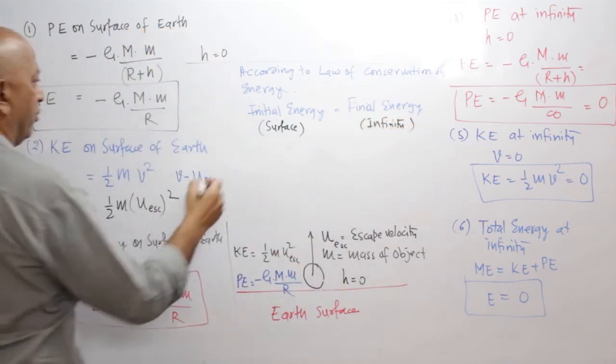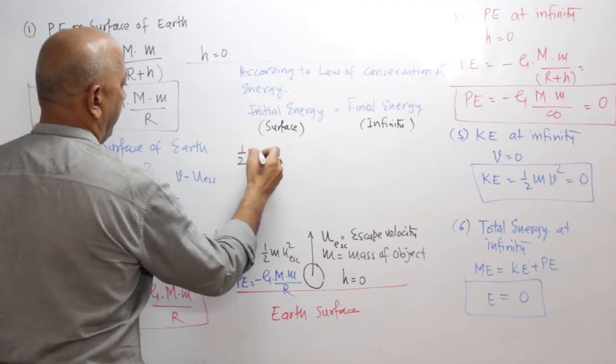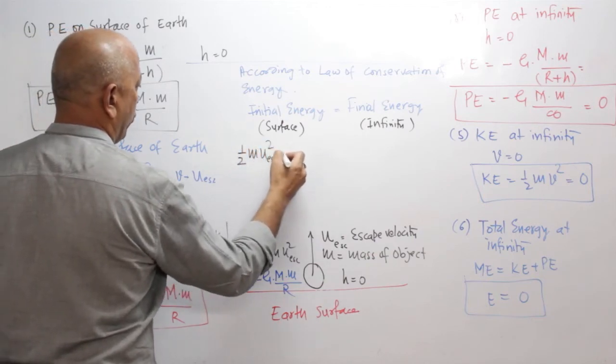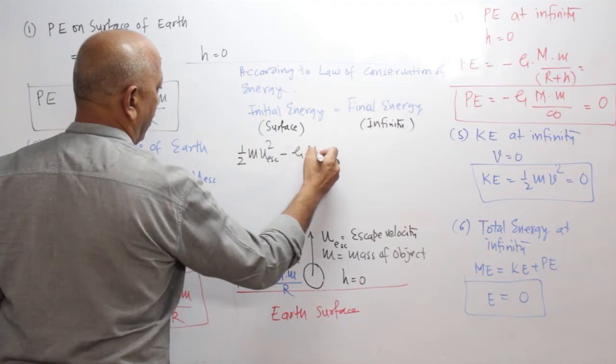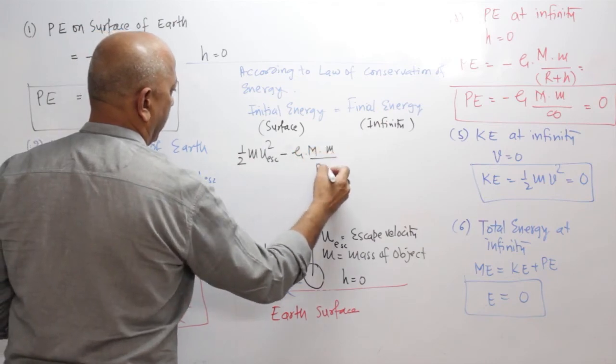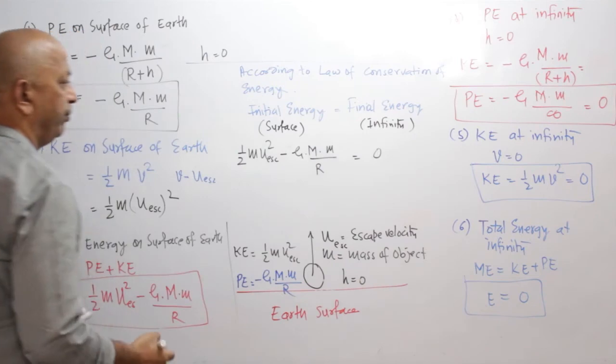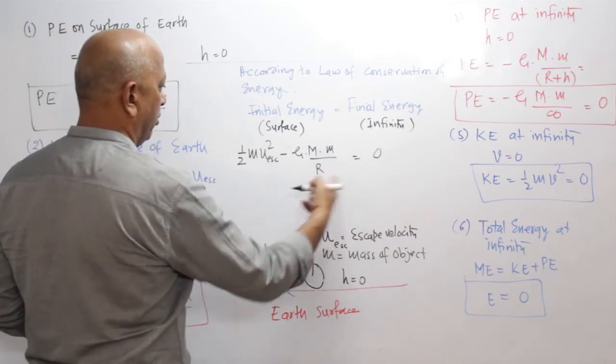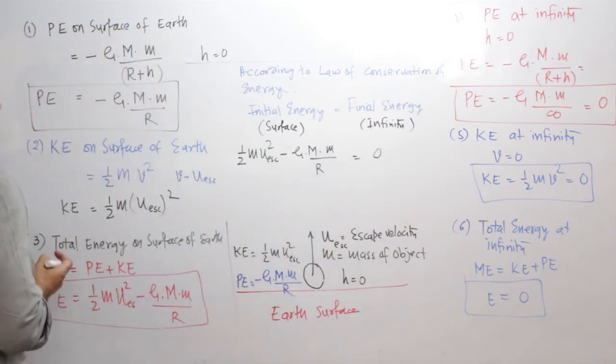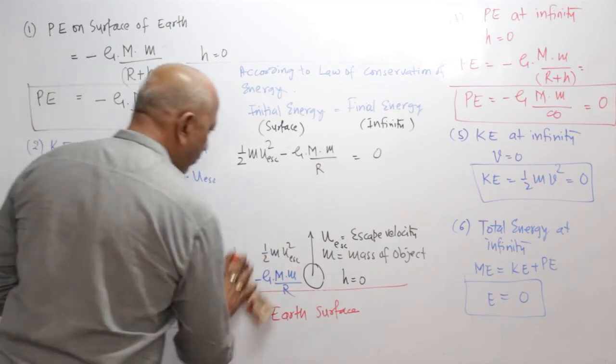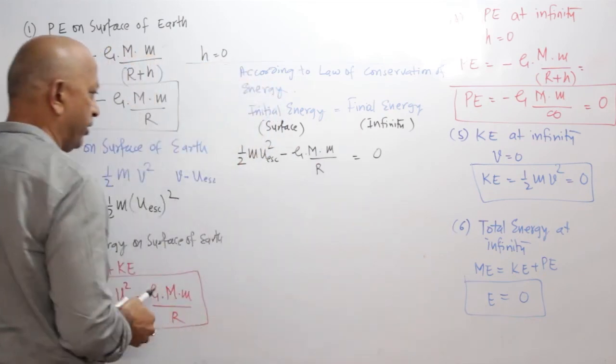So we can write 1/2 m u escape velocity squared minus G capital M into m upon r is equal to 0. Now we can rearrange, and you can do it yourself.